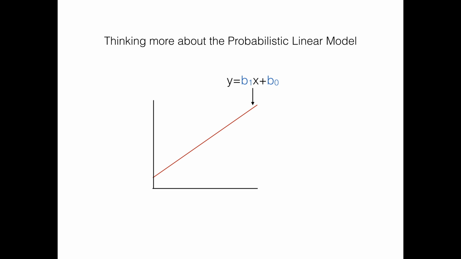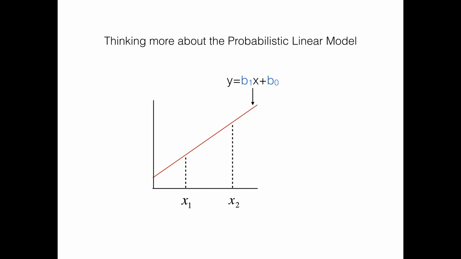Great. So I want to also just step through thinking about this probabilistic linear model one more way. Here I have outlined the line, the linear fit, y equals b1x plus b0, or mx plus b, if that's more comfortable for you. And let's say we've already learned this model based on some previous data, and I'm not showing it.